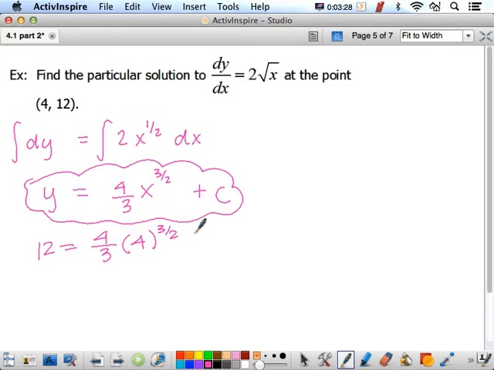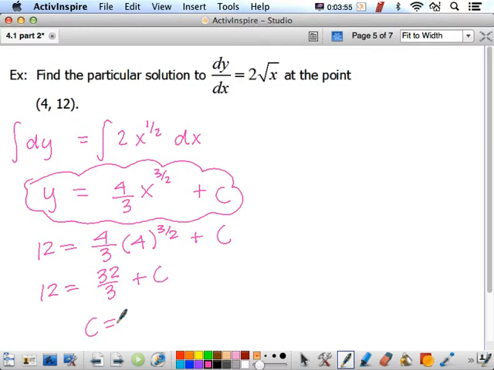So the 4 to the 3/2 power is the same as the square root of 4, which is 2, to the 3rd power, which is 8, multiplied by 4/3, which is 32/3. And then we subtract: 12 minus 32/3 is 36/3 minus 32/3, which is 4/3. So our constant of integration is positive 4/3.